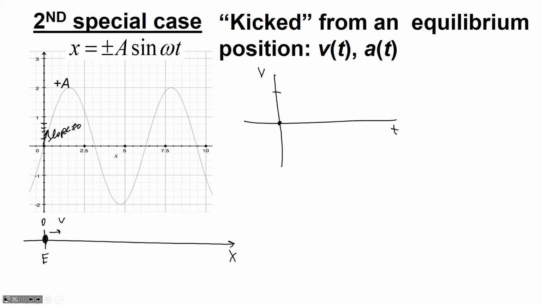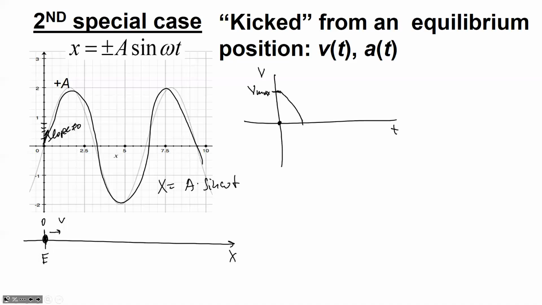This graph for position is actually a standard positive sine function. And velocity now looks, well, it starts from maximum, from the one we supplied by giving it a kick. Then it goes to 0, it stops. And one period looks like this.